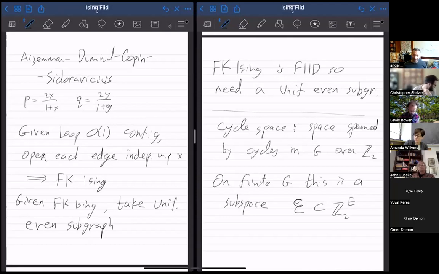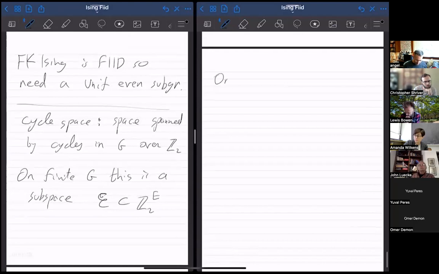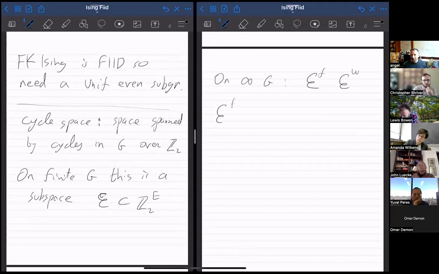You can take the wired and free limits. So on an infinite graph, you have the free even subgraphs and the wired even subgraphs. The free limit is what is generated by all of the finite cycles: every finite cycle, and everything that is generated by them, is the span.